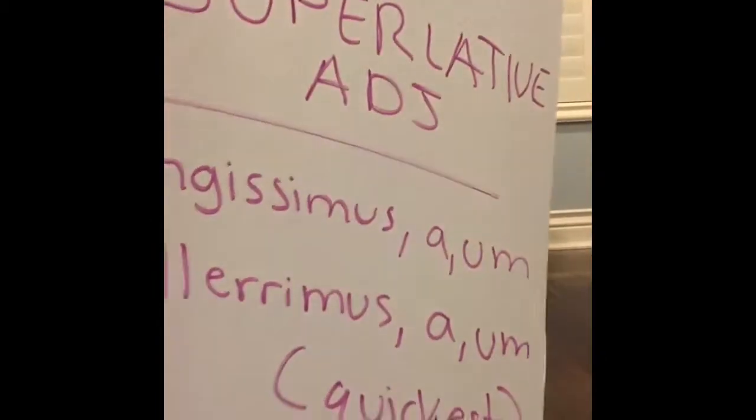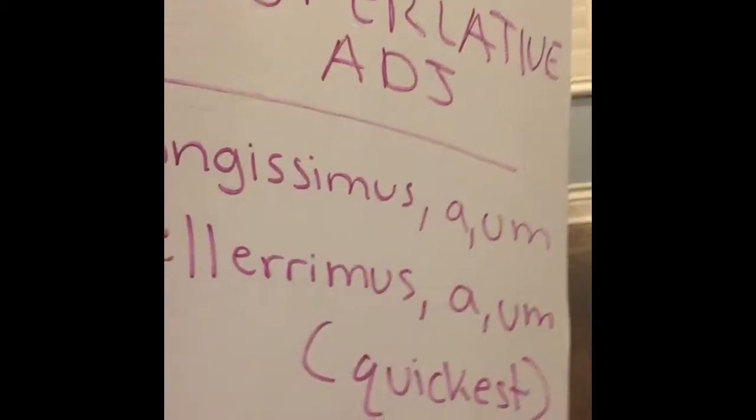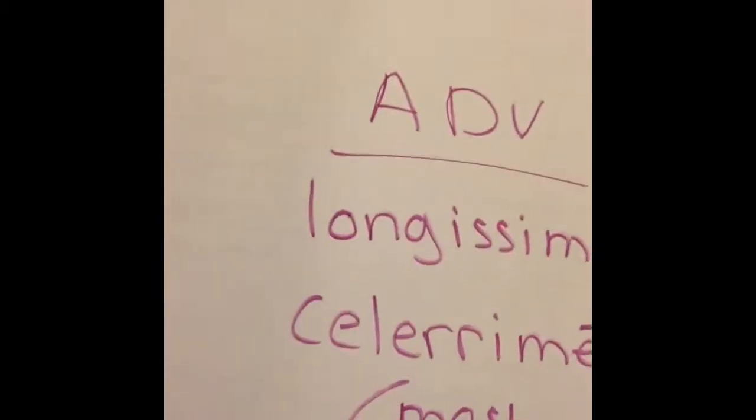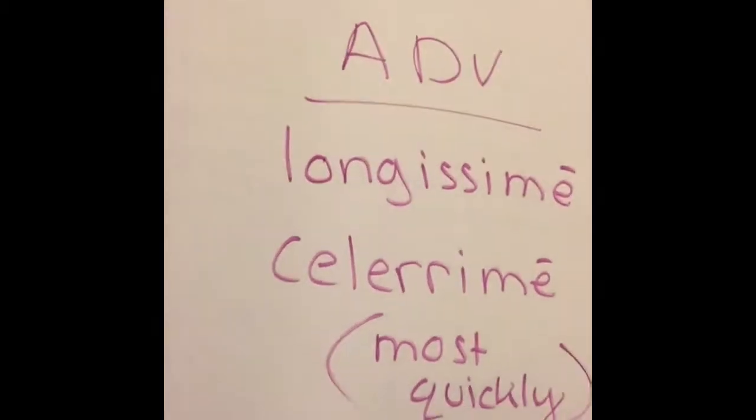And for superlative adjectives, it's longissimus, celerrimus, which is translated quickest. And then the adverb is longissime and celerrime, which is translated most quickly. And just remember, positive is just quick. It's not the quickest, it's not quicker than anything, it's just quick. And the adverb is quickly.